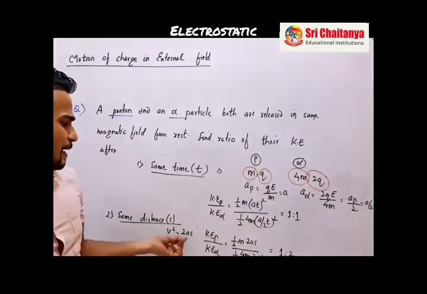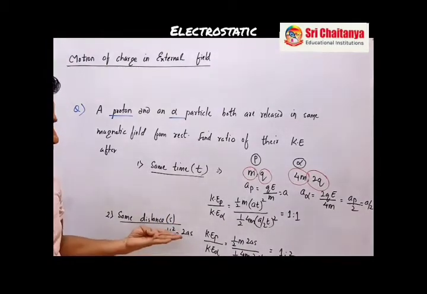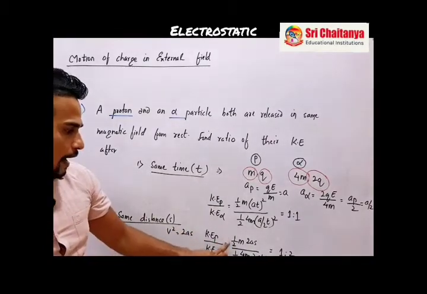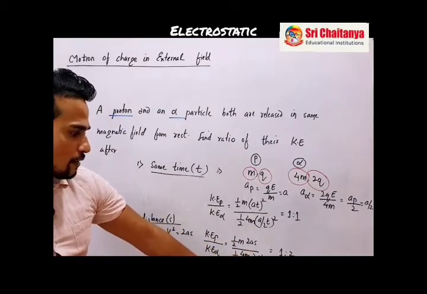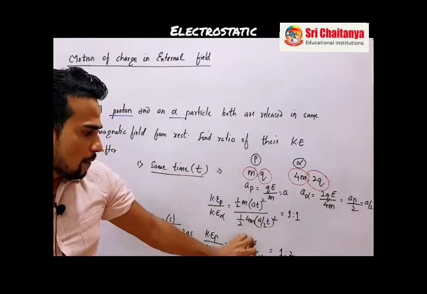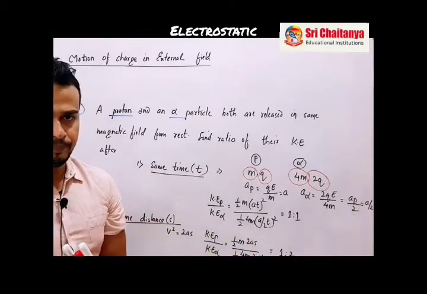Here distance is same, so you'll use your velocity in terms of s. And I think everyone knows, with the help of third equation, we can write v square equal to 2as. So I am using half m into v square for proton, half 4m into v square, which will be 2as. We just calculated a by 2. From here if you simplify, you will get answer 1:2.